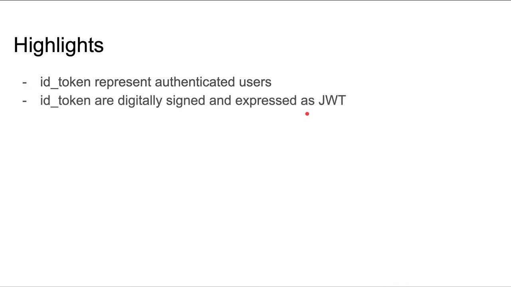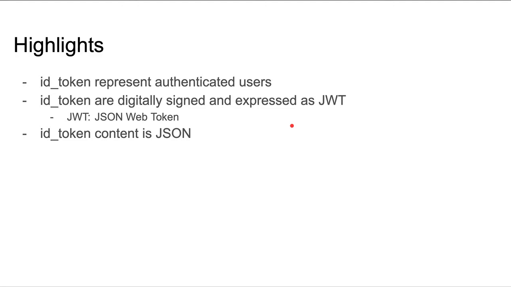Tokens are digitally signed and expressed as a JWT, JSON Web Token, which means that any recipient is able to verify that the content is original and is still shown as created by the issuer. The content is usually a JSON document, which makes it easy to process.